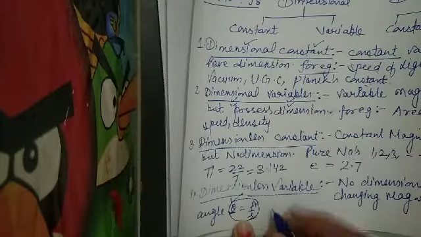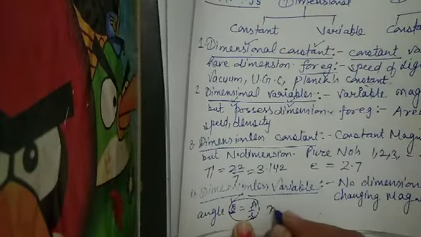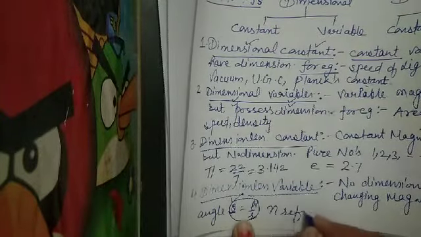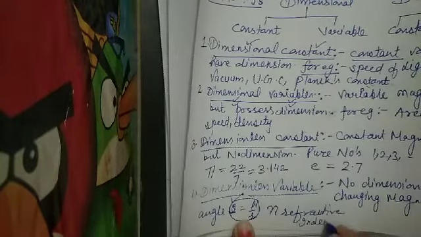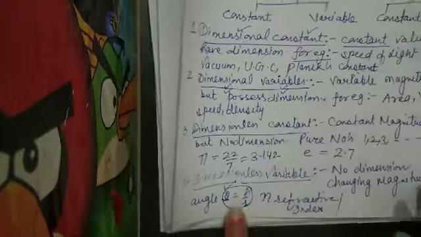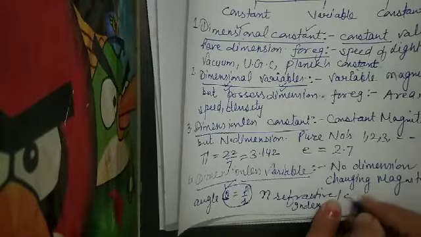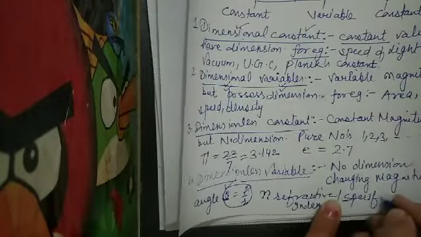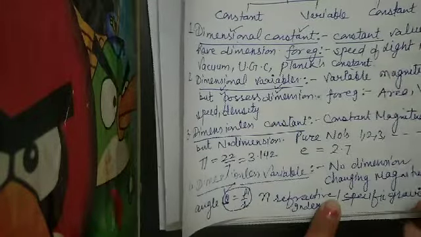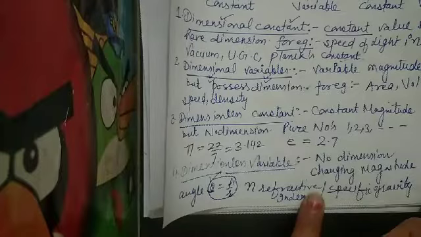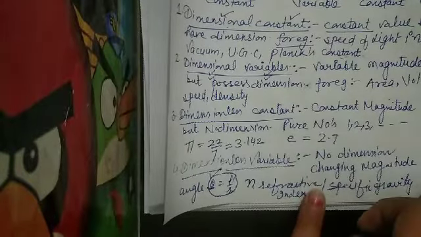Similarly, refractive index, speed of light in vacuum to the speed of light in particular medium, or specific gravity, density of body upon density of water at 4 degrees Celsius.